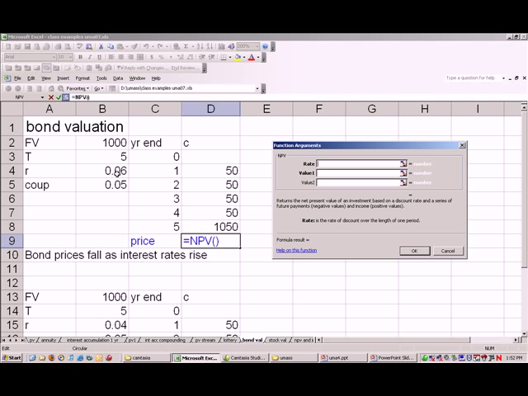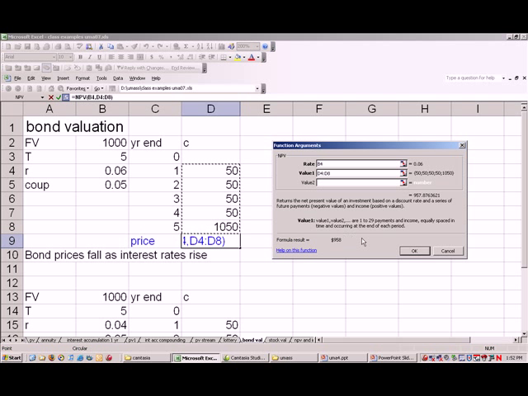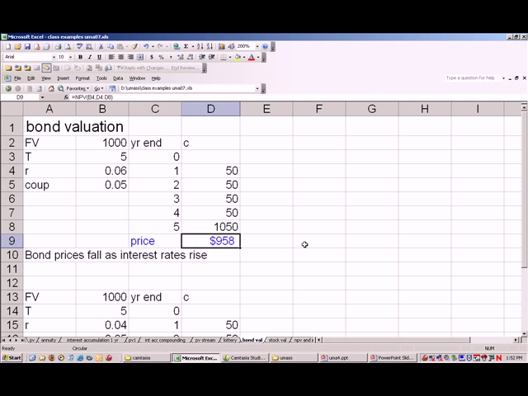So I'm going to highlight the cell that has the 6% R, or discount rate, or market capitalization rate. The second argument in the NPV function is the stream of cash flows. So I'm going to highlight the cells from years 1 through 5 to indicate the cash flows associated with holding the bond to maturity. Say OK, and we can see we get $958.